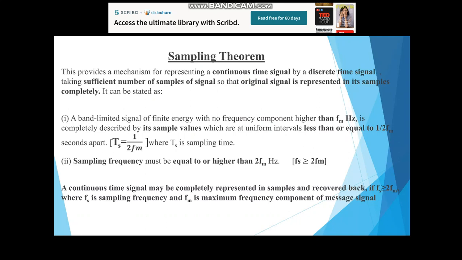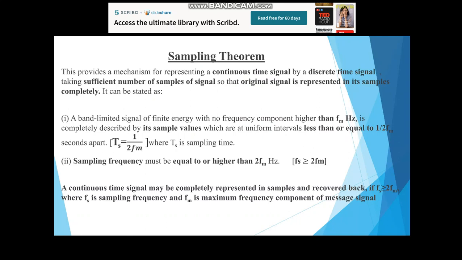It can be stated as: a band-limited signal of finite energy with no frequency component higher than fm Hz is completely described by its sample values at uniform intervals less than or equal to 1 over 2fm seconds, where Ts is the sampling time.